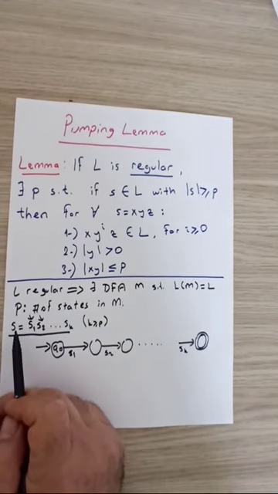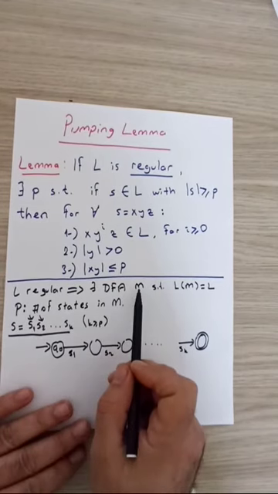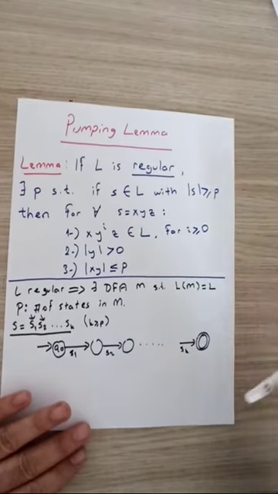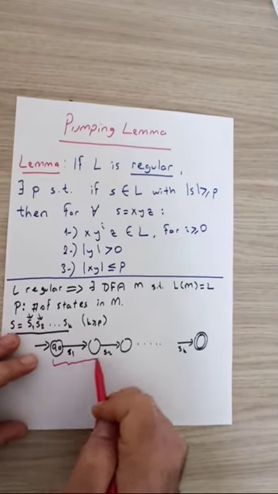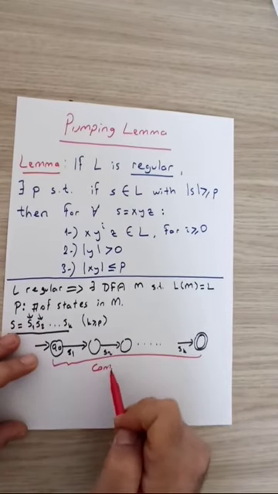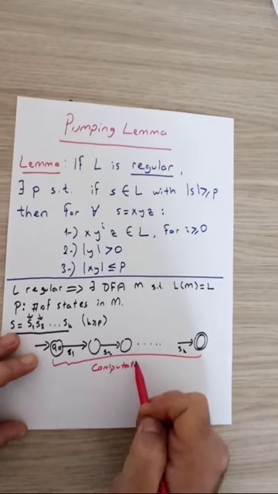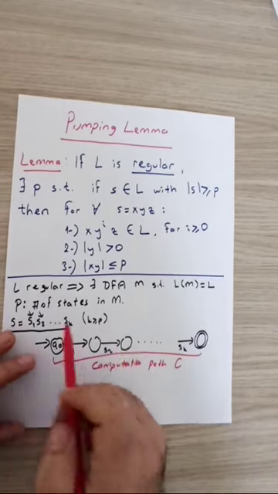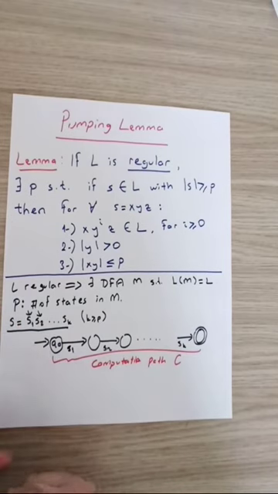Because the string s is accepted by this machine since s is inside the language. Okay, so this is our computation path. Let's call it C of our machine M working on this string s.